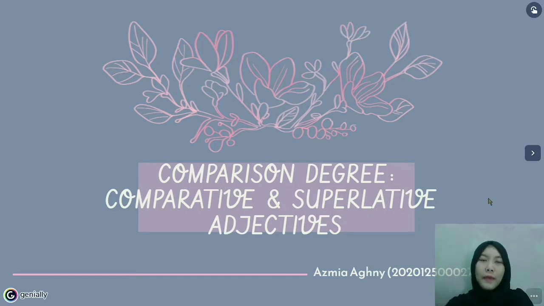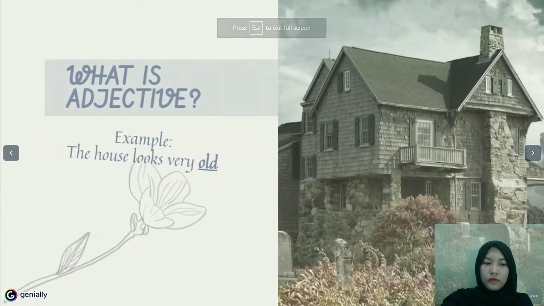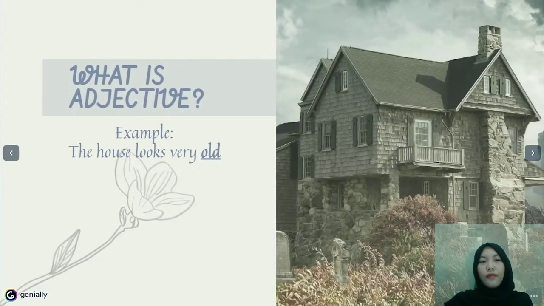Oh, by the way, before we start our lesson about comparison degree, I will tell you briefly about adjectives first, just in case some of you have forgotten about that material. So what is an adjective? An adjective is a part of speech that modifies or describes a pronoun or a noun.